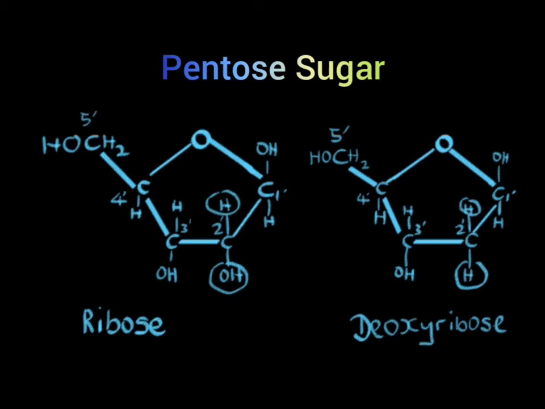What occurred there was the loss of an oxygen atom at carbon number 2. Thus the name deoxyribose, because there is the loss of an oxygen atom at carbon number 2.